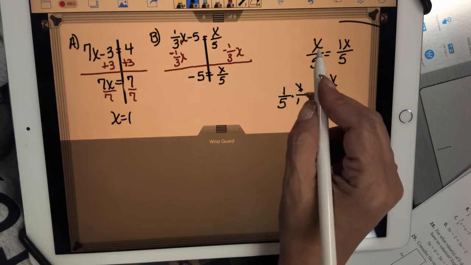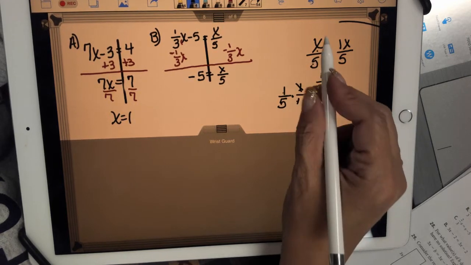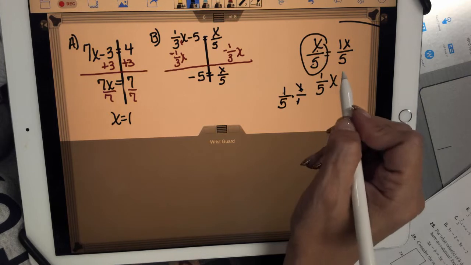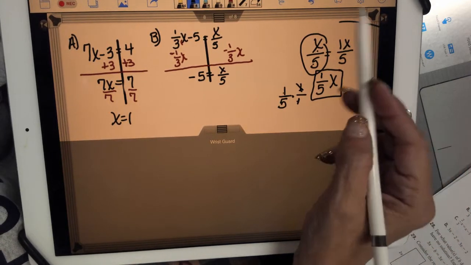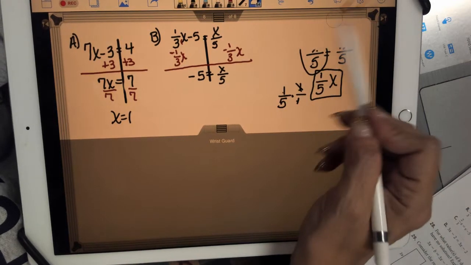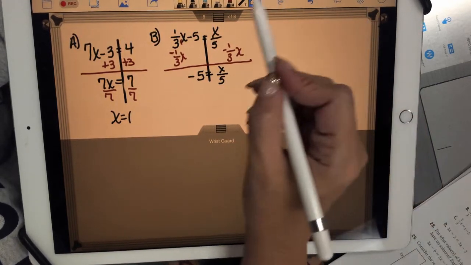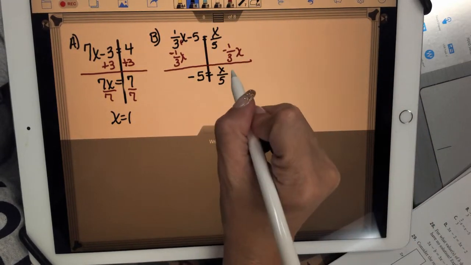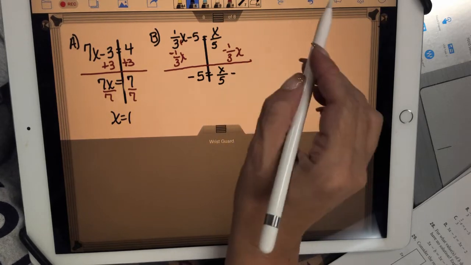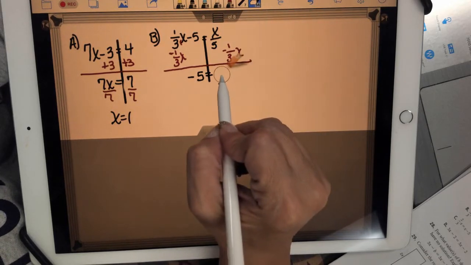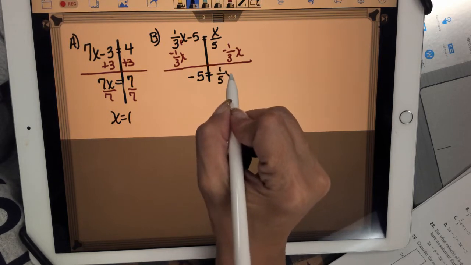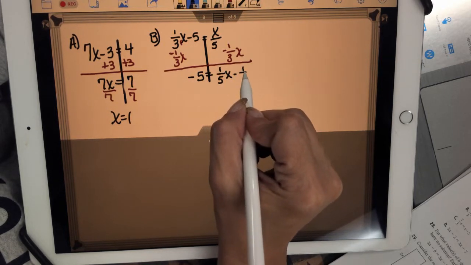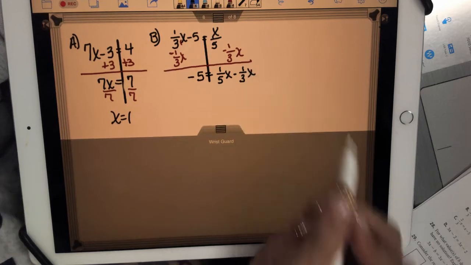X times 1 is x, 1 times 5 is 5, so it looks like that. But I can break it apart so that it looks like that. All right, let me erase this. Now that I showed y'all that, I'm going to say 1/5 x minus 1/3 x.